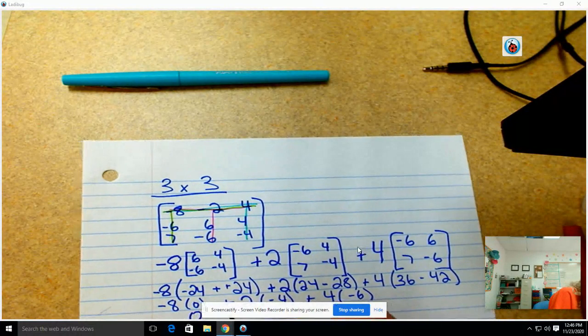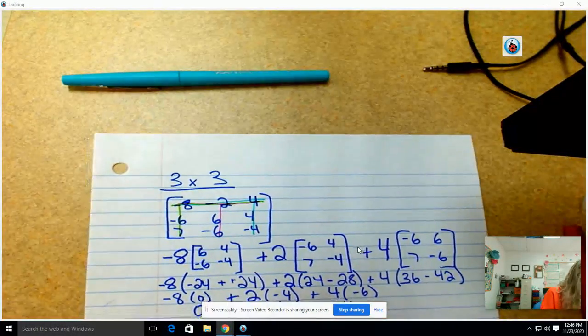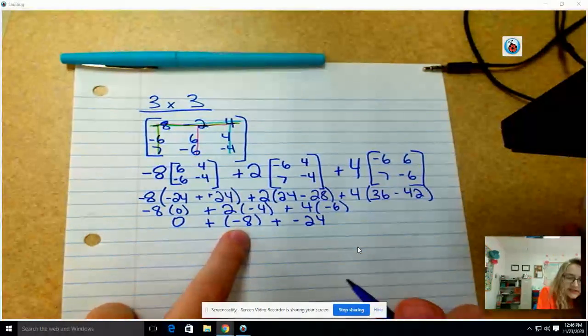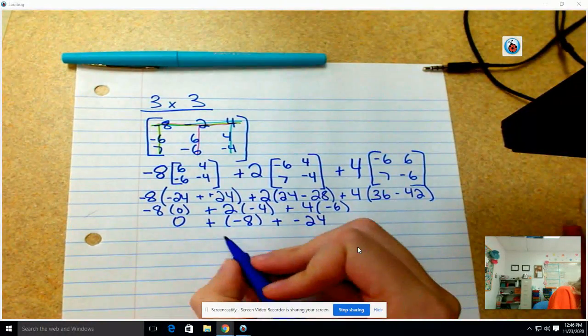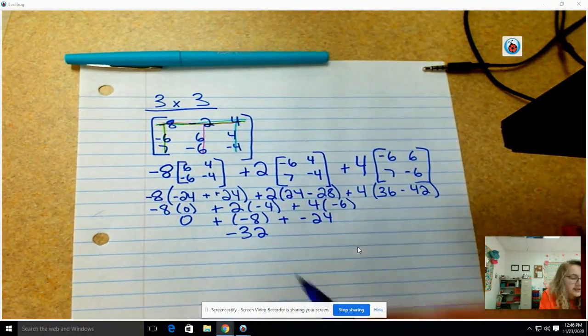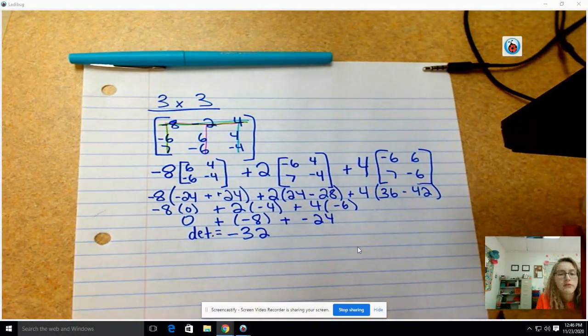This is going to give me 0 plus -8 plus -24. Whoop, you all can't see that, sorry. 0 plus -8 plus 24, and that's going to give me -32 as my determinant. So my determinant is going to equal -32.